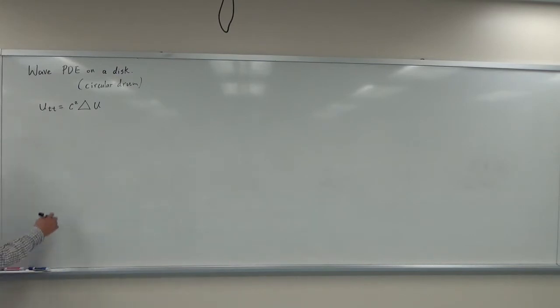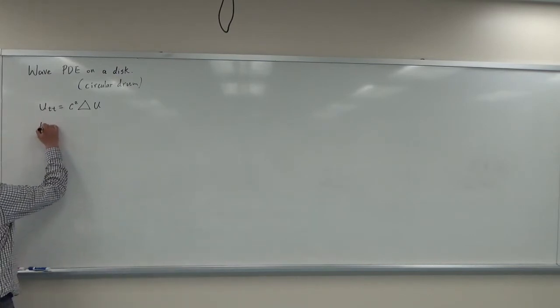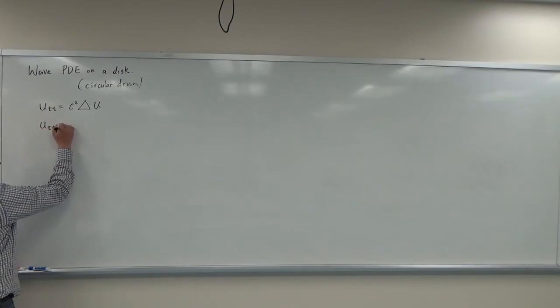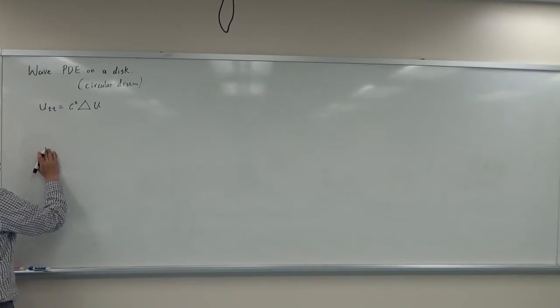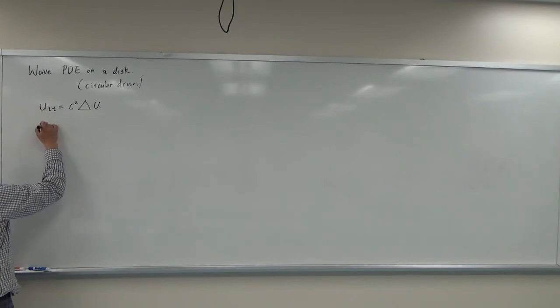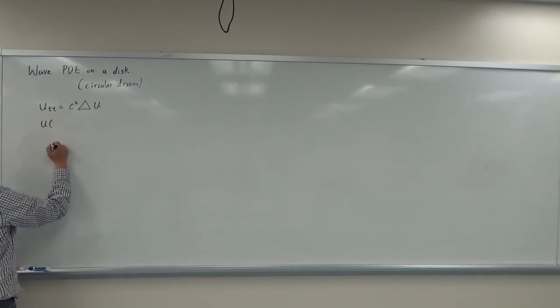And if you write this out, u_tt would equal to, oh, but before that, let me just write down the other conditions. We're going to think of u of, I don't want to use capital R. Let's use a.